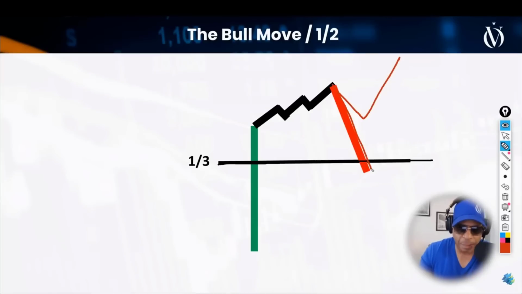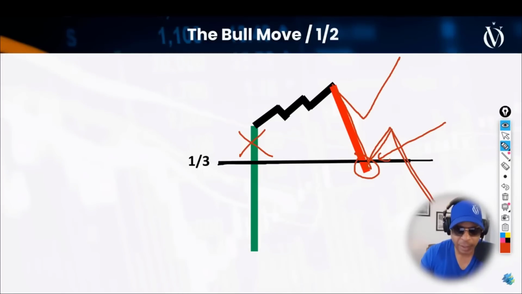But if the drop breaks back through the top third of the initial power move, it's over. Now rallies will likely fail. And you got to be careful about trying to buy the move back up here, because that's your likely scenario.